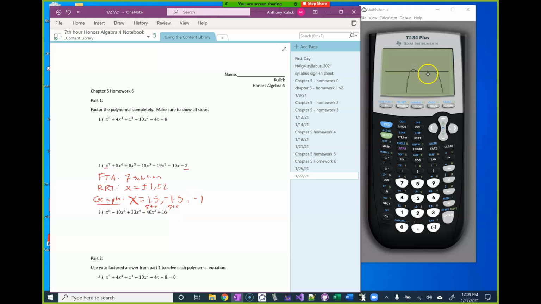But -1, see how it's kind of doing that bend action? That's a bend. And I know that these two guys are irrational, and that one's rational, because there's no decimals on my RRT list.